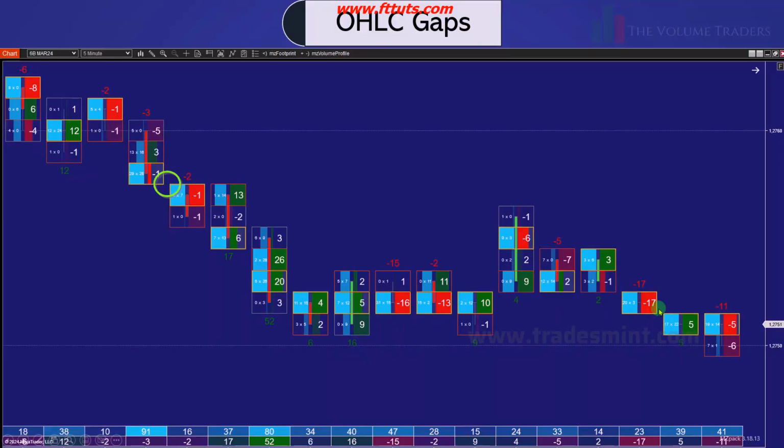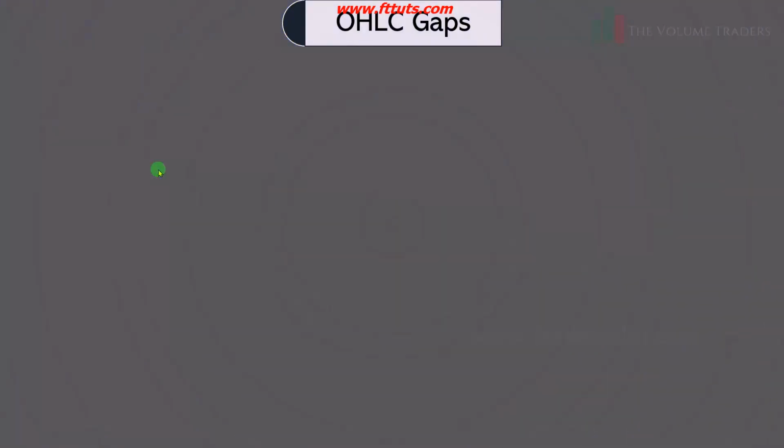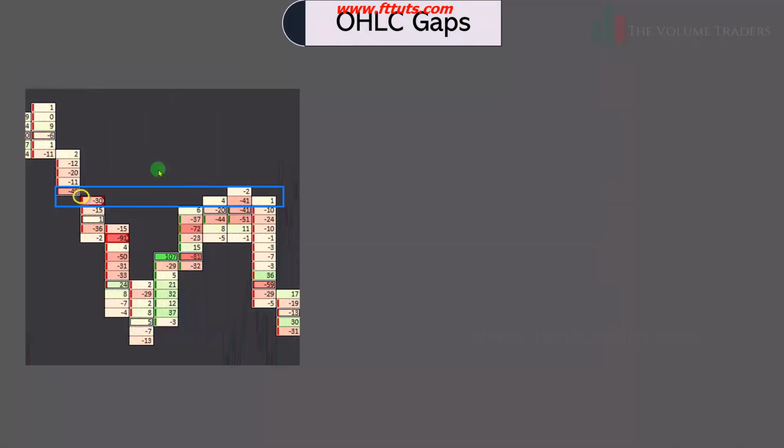So in this screen there are 1, 2, 3 and 4 OHLC gaps. It's easier to find them on the cluster delta because the candles look different, so it's easier for our eyes to find them.